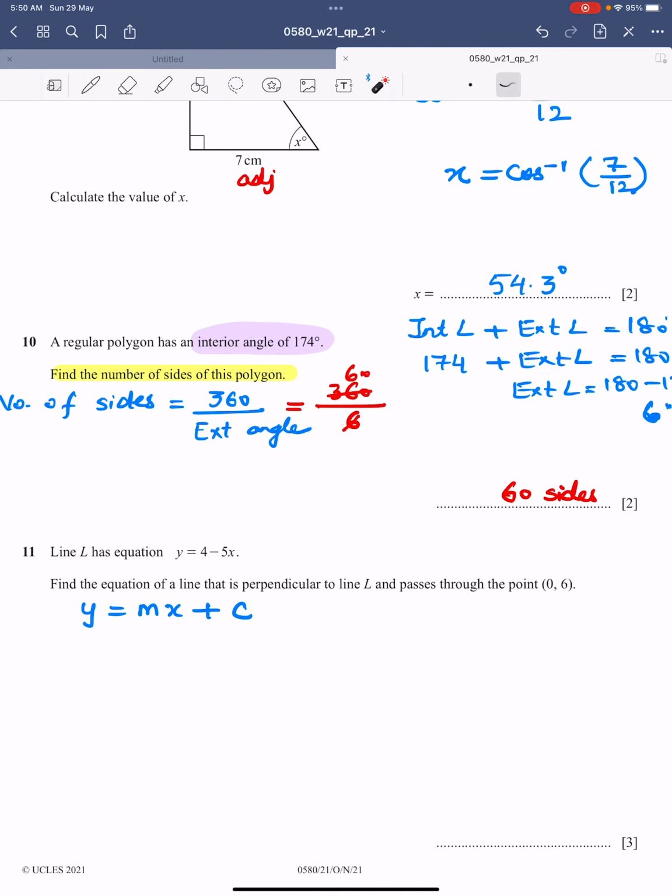In the equation that we are given, the y-intercept is written first and the gradient is written after that. So first we can rearrange it. y is equal to minus 5x plus 4. Now it is in the form of mx plus c. So the gradient m is minus 5 and the y-intercept is 4.